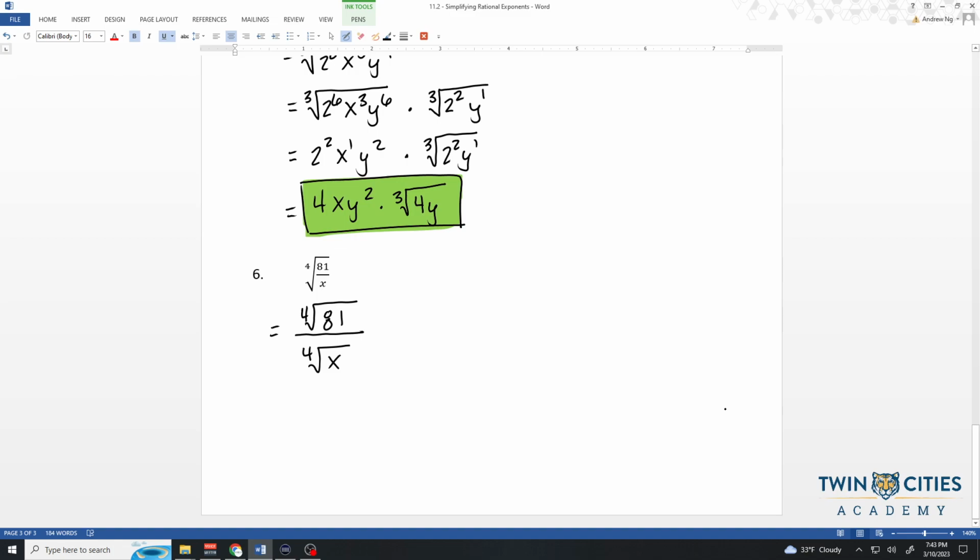I break that down into primes. This is 3 to the 4th power. So 3 times 3 times 3 times 3. So this is really like the 4th root of 3 to the 4th power over the 4th root of x.